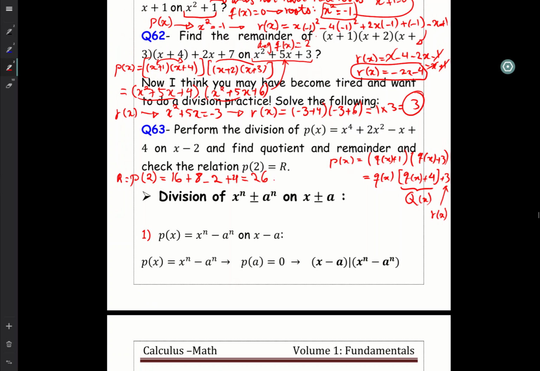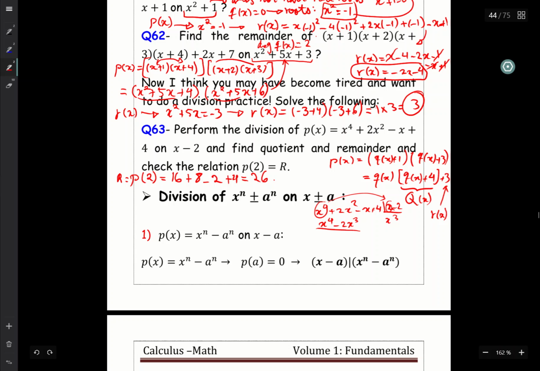Let's see. I'm going to write it here. x to the 4 plus 2x to the 2 minus x plus 4 divided by x minus 2. Again, order the polynomials, divide the highest order by the highest order, x cubed, x to the 4 minus 2x cubed, and then subtract.